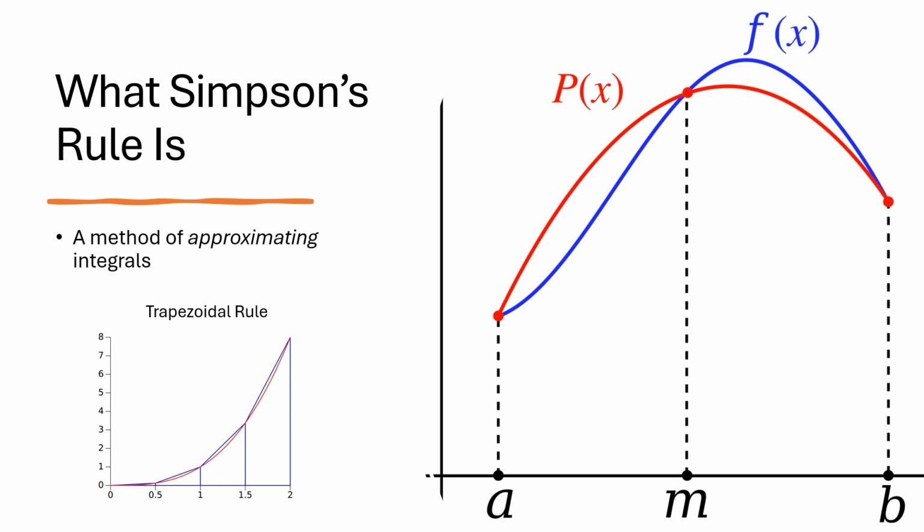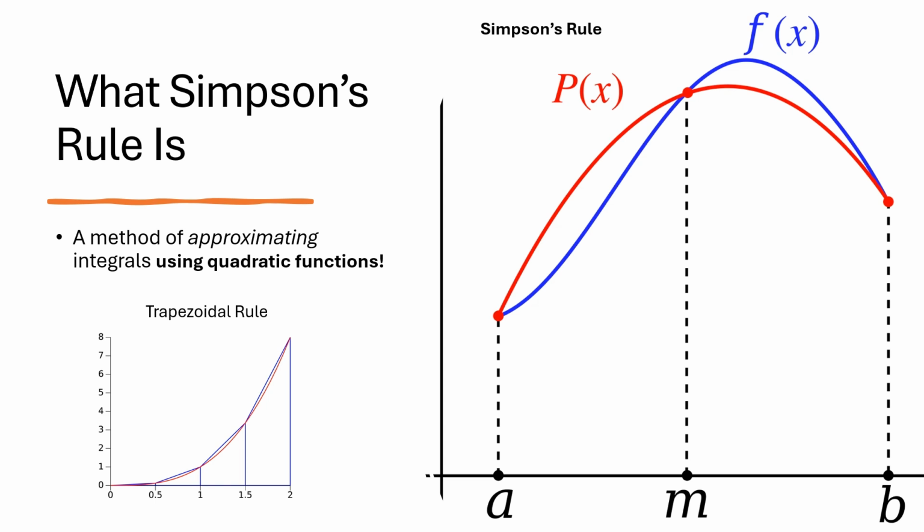In the case of the trapezoid rule, those pieces are trapezoids. In the case of Simpson's rule, those pieces are areas under quadratic polynomials, or segments of parabolas.